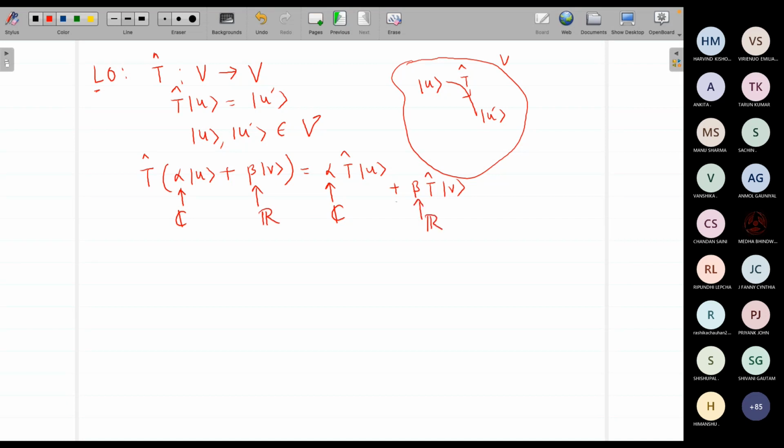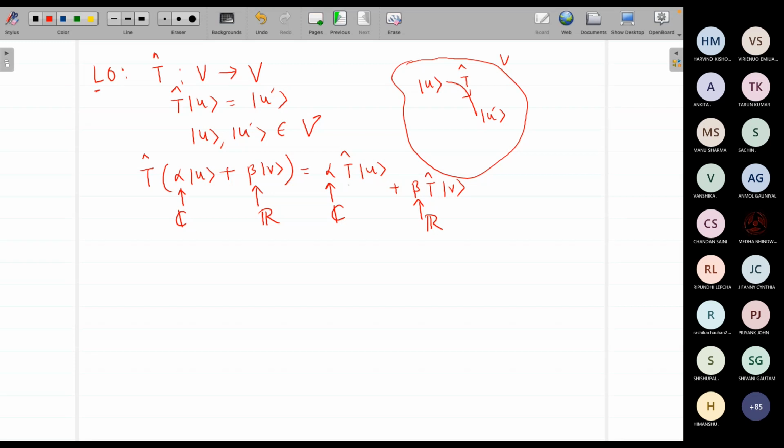So the property which has to be met is this: if my vectors are scaled by some number from the field, either a complex number or a real number, on my left hand side, on vector v, then the same numbers should get multiplied and they'll give this. So the first portion was transformation, and the transformation portion doesn't care about anything. The linearity portion cares that if the numbers alpha and beta were complex numbers on the vector space, then on the right hand side also it has to be over the same field. So linearity requires that the fields have to be the same.